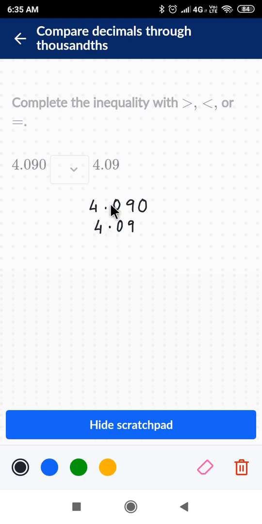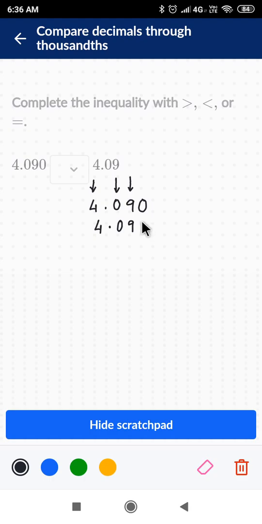Now let us start comparing. 4 and 4 are the same. 0 and 0 are the same. 9 and 9 are the same. Here we have 0, here we have nothing. In a decimal number, we can put any number of zeros at the end.